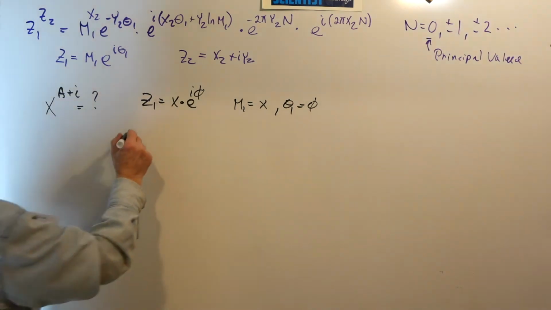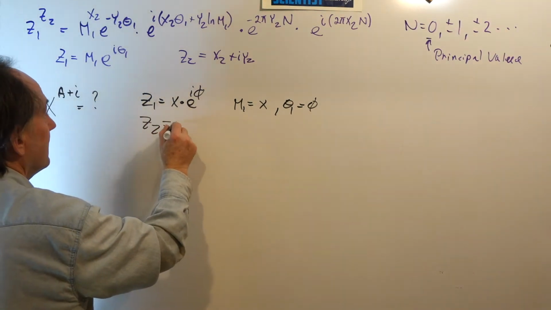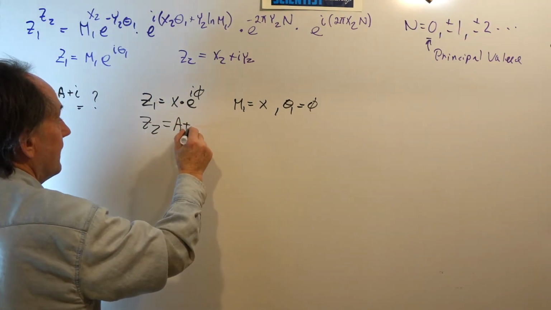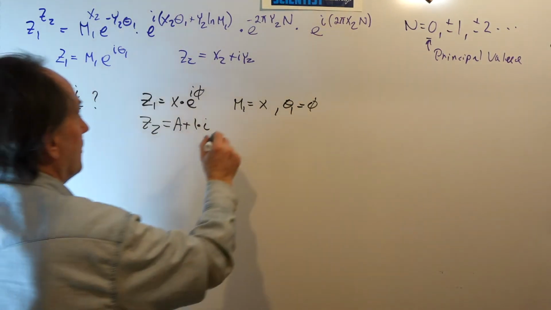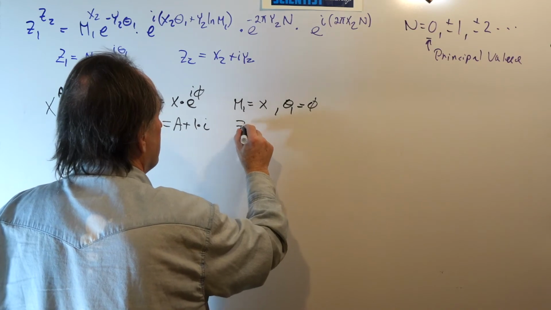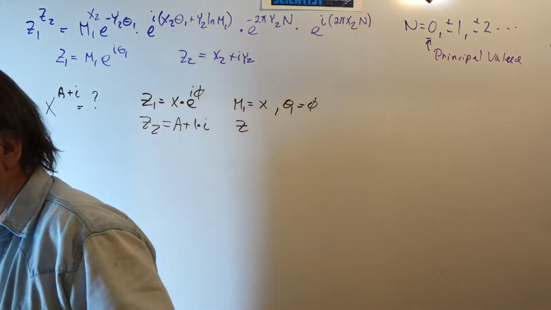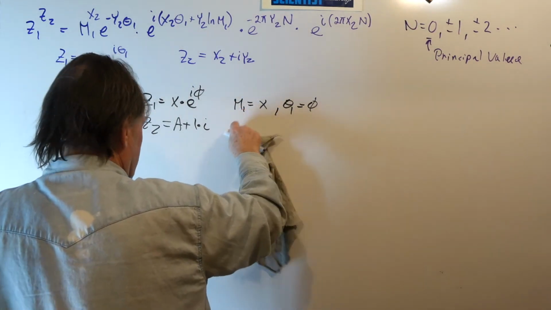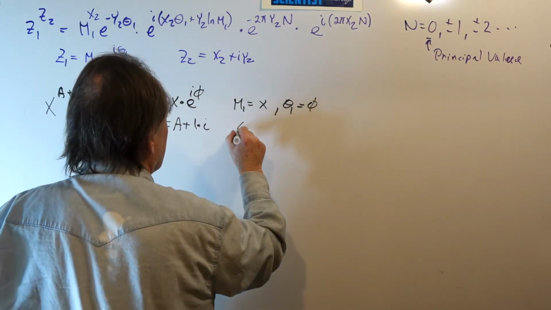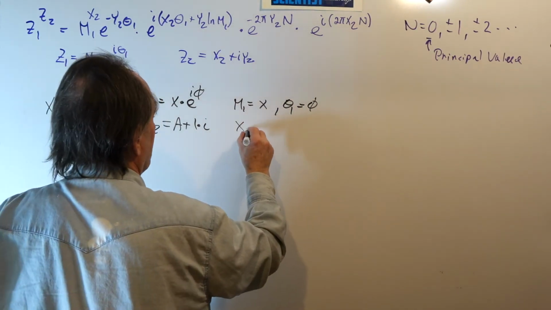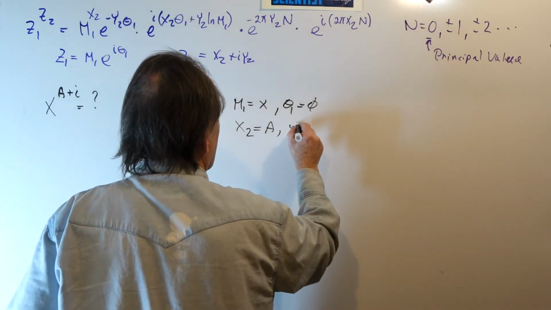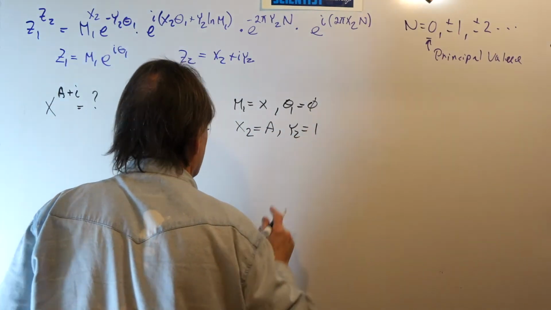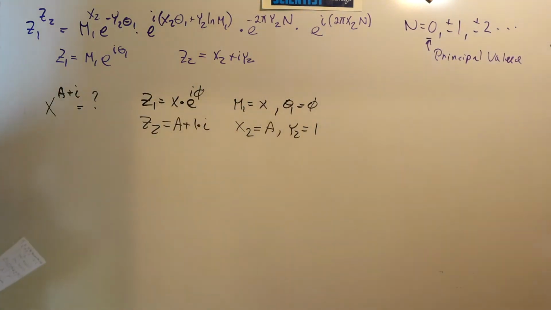Now, our z2 is a plus i, which is 1 times i. Putting this in terms of rectangular form, our x2 is the real part, which is a, and our y2 is the imaginary part, which is 1.